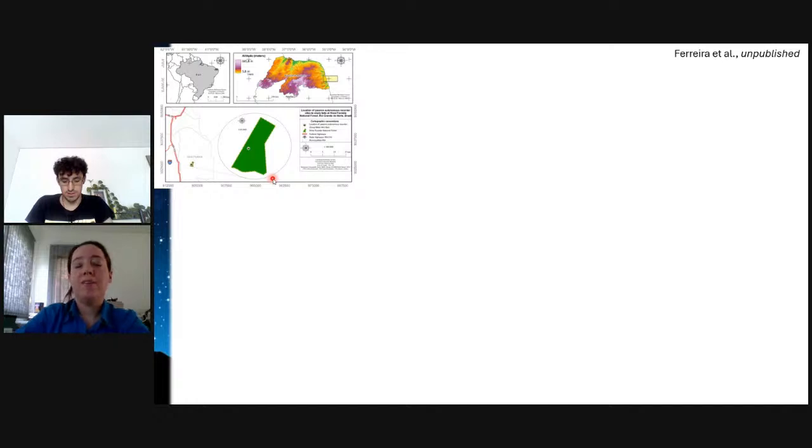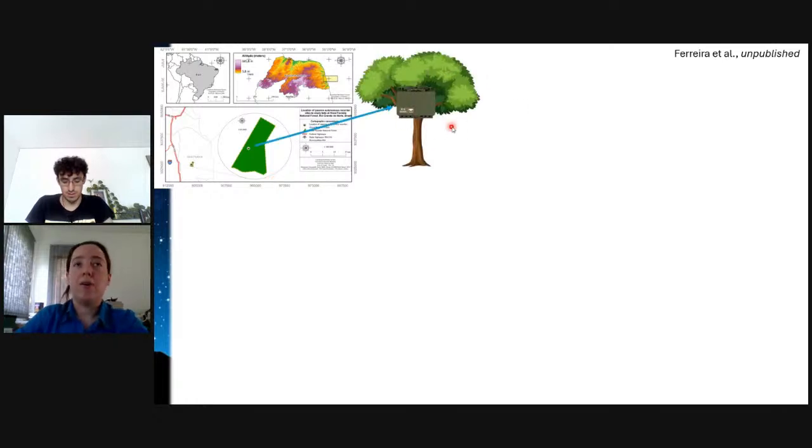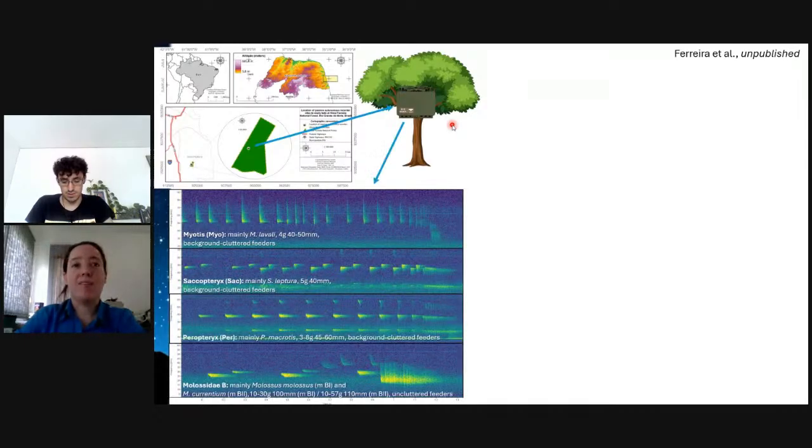You go somewhere, you install a recorder, and you go there many times to change batteries and memory cards, and you get a ton of recordings. Those are recordings of 4 different families of bats that we found, and those are the feeding buzzes of each family.